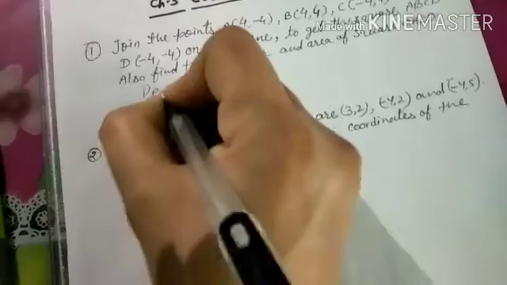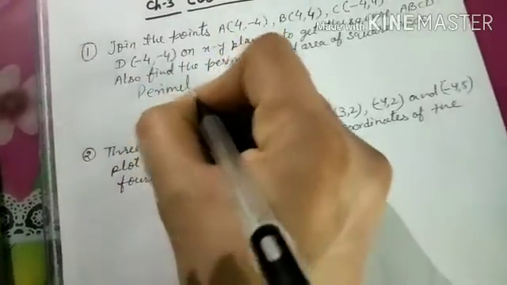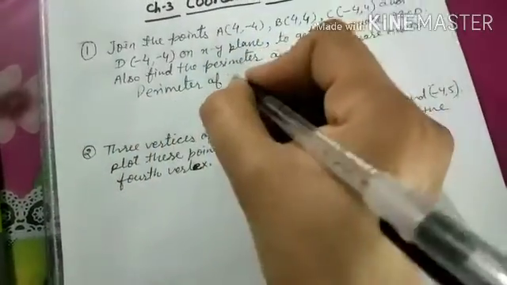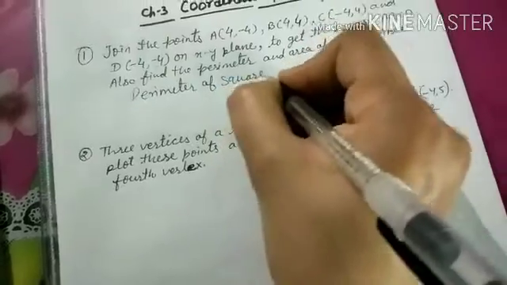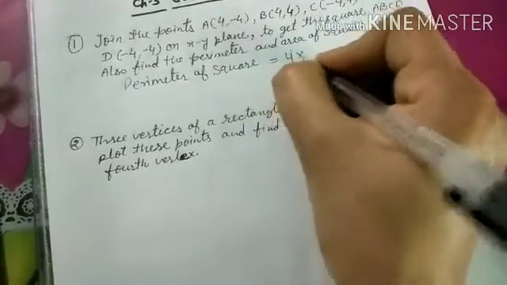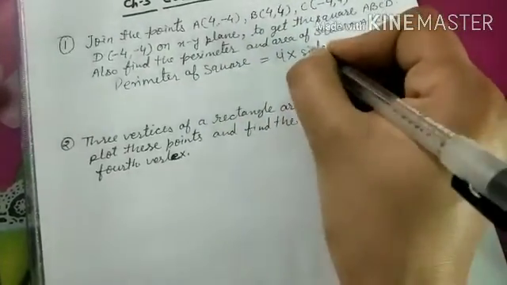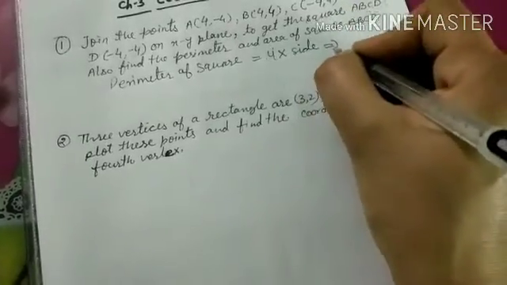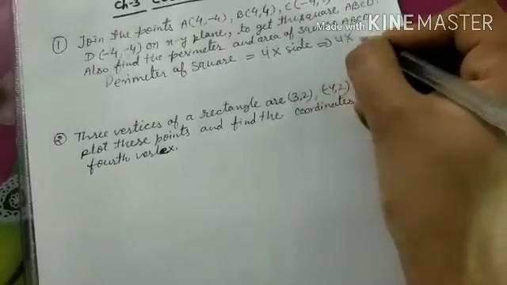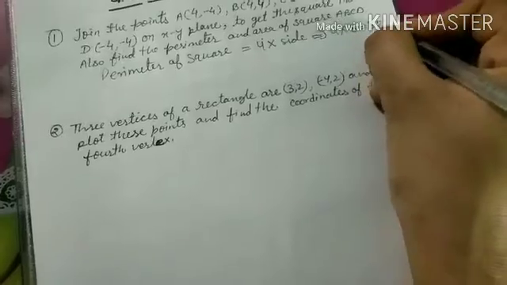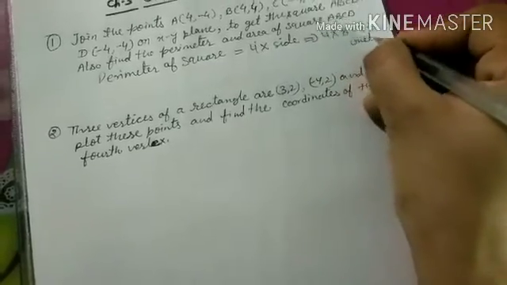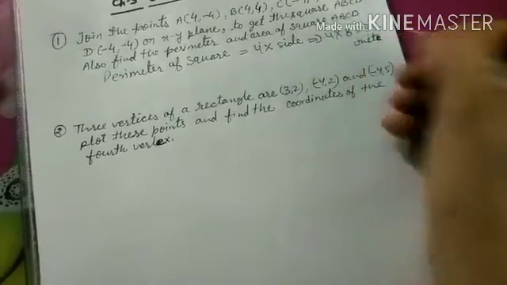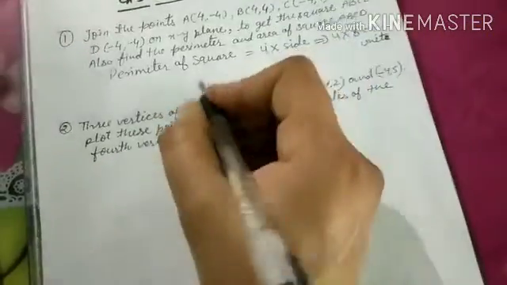So we need to find the perimeter. What is the perimeter of a square? That is 4 into side, and our side is 8 unit. So 4 multiplied by 8, that is 32 unit, perimeter we have. Now we find out the area.